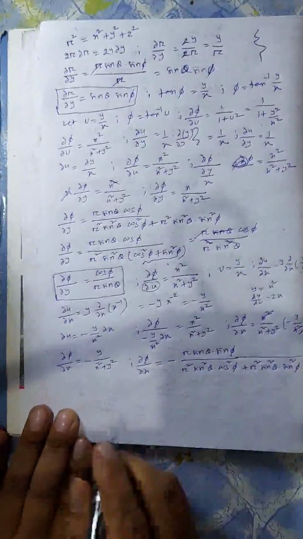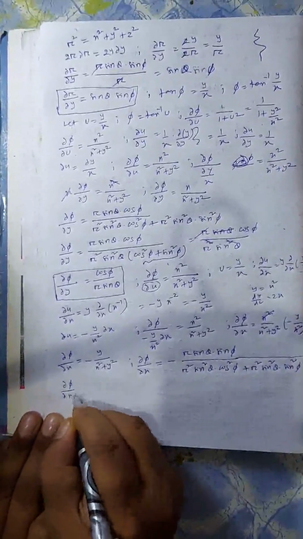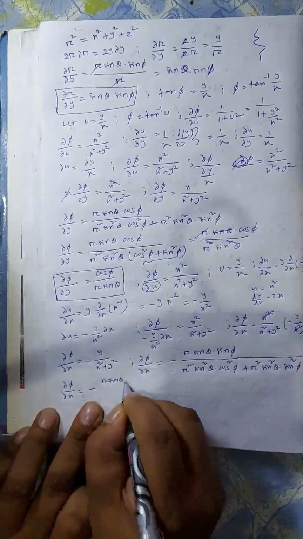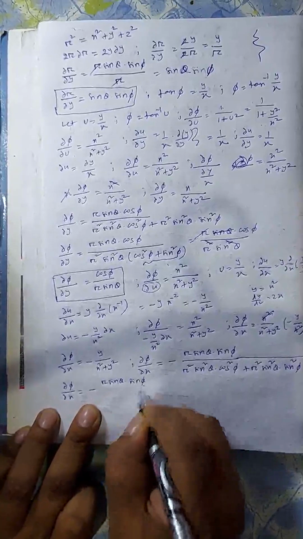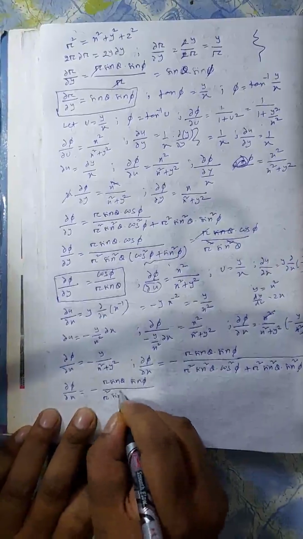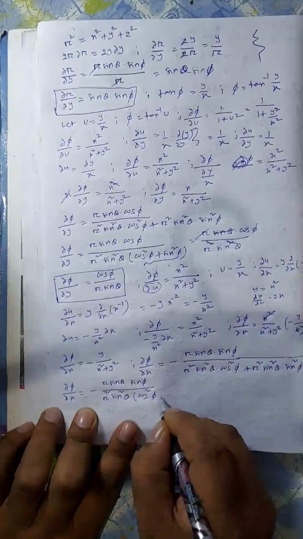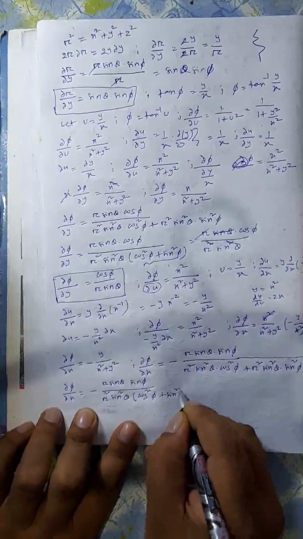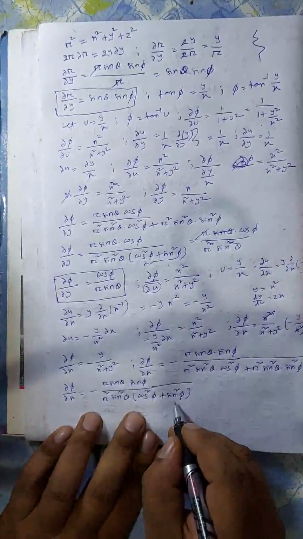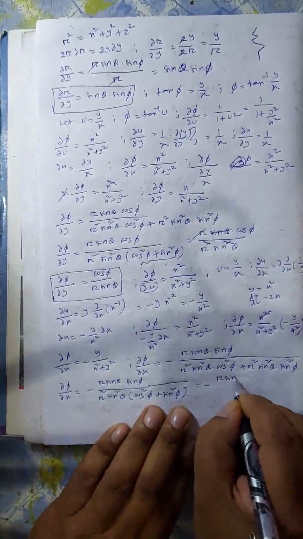You take common r² sin² θ, ∂φ by ∂x is equal to minus r sin θ sin φ divided by r² sin² θ times cos² φ plus sin² φ, and sin² φ plus cos² φ is equal to 1.